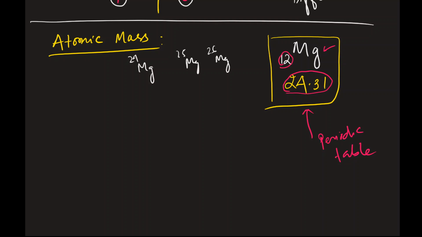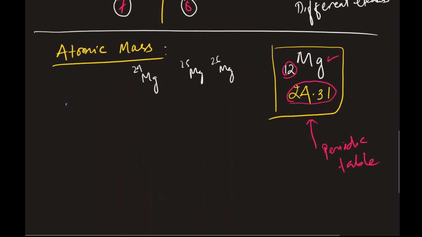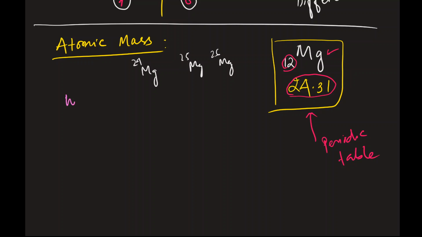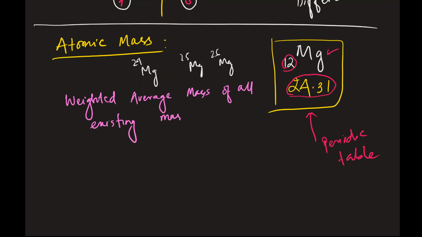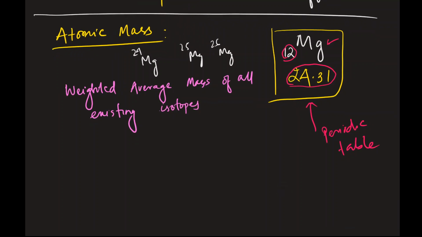What atomic mass does is it is basically a weighted average mass of all existing isotopes. So how do we calculate that? It's basically a weighted average.